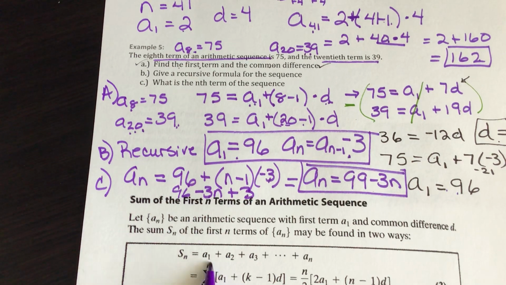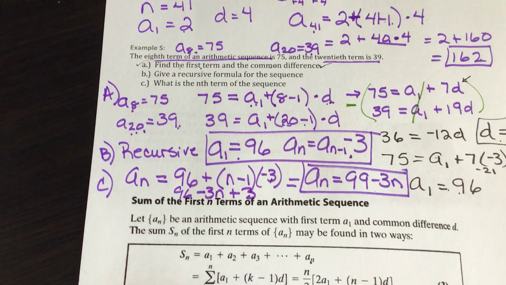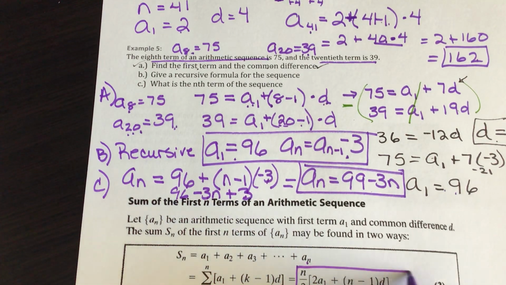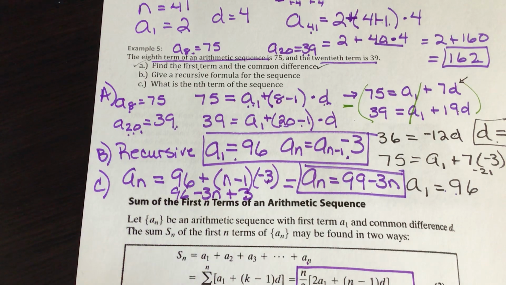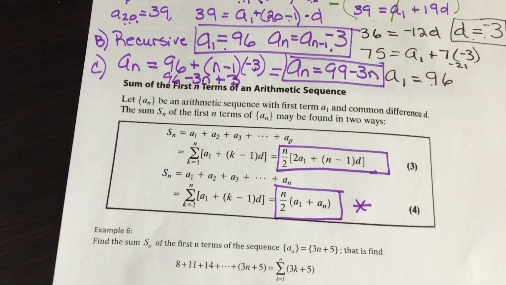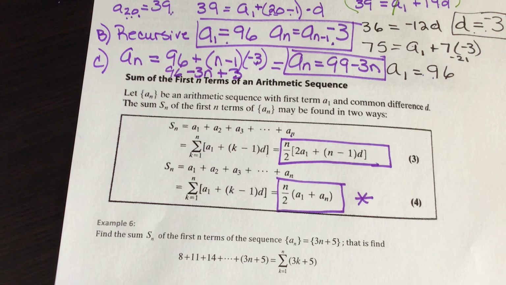This shows us that we're adding up all the terms in a series, in a sequence, and this gives us the summation value of that. But there are two formulas here that we can use, and I prefer this one because it's shorter and just simpler.